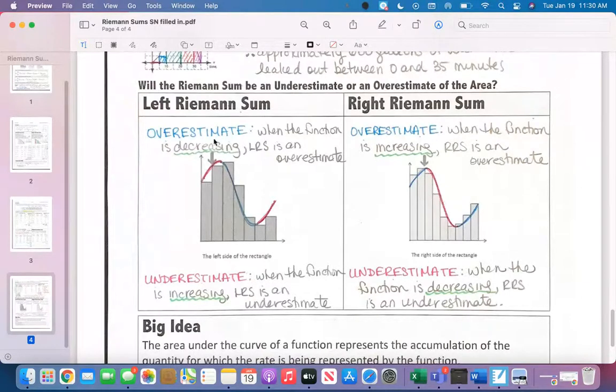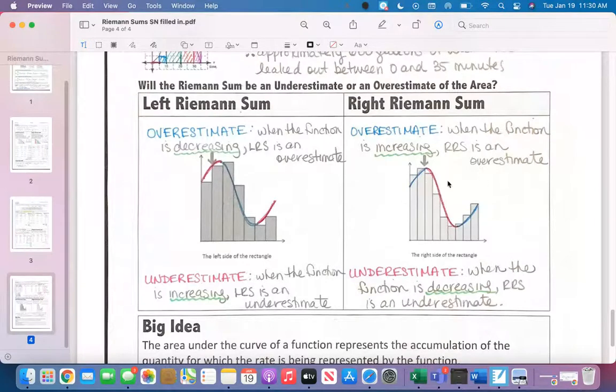If we look at a left Riemann sum when the function is decreasing, you can see that the left endpoints create rectangles that are a little bit higher than the function. So it's an overestimate with a left Riemann sum when the function is decreasing, and it's an underestimate with the left Riemann sum when the function is increasing. And the reverse is true for the right Riemann sum.